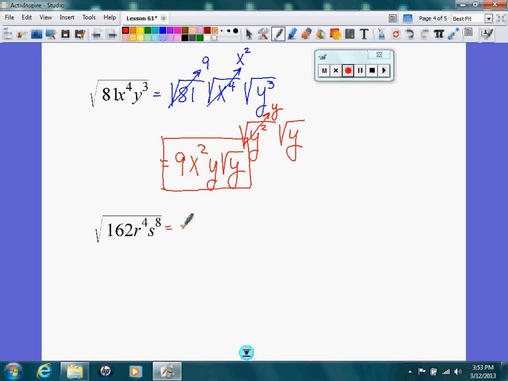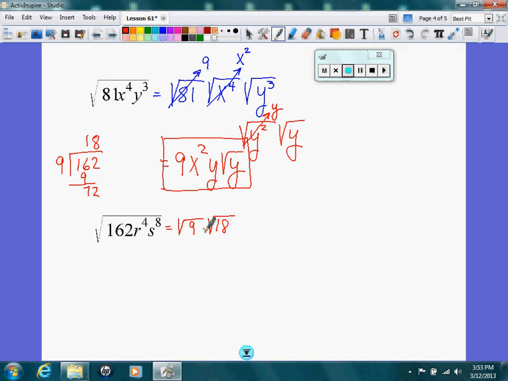So we could write this as the square root of 9 times what is 162? Well, I can't do that in my head, so I'll come back to old-fashioned arithmetic here. 9 goes into 16 one time, and that would be 9, so that would be 72, 18 times. So square root of 18, well, square root of 18 has a factor.